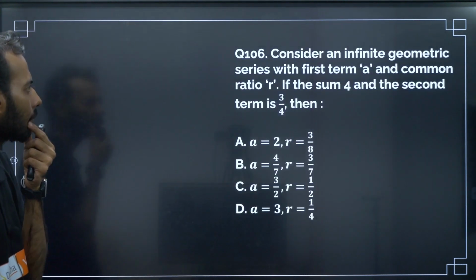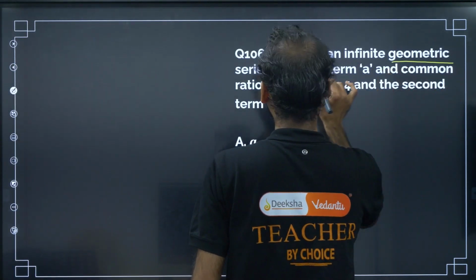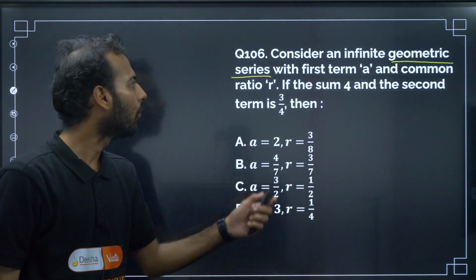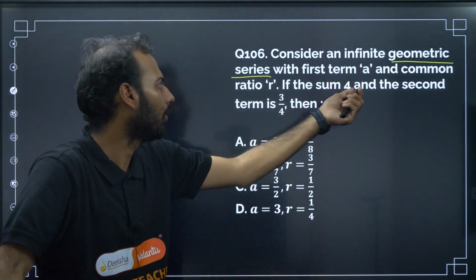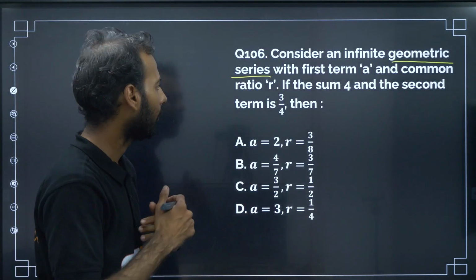Next, consider an infinite geometric series. This question belongs to sequence and series. The first term is a, there also we denote with a only, and the common ratio is r.